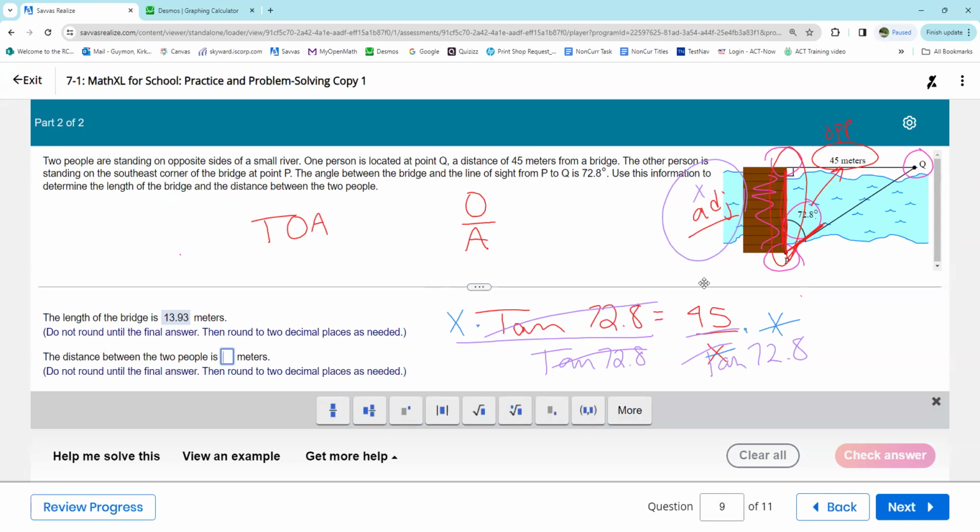So now the distance between the two people, and it says do not round until the final answer. So we're going to round to 2 decimal places after that. So by saying don't round until the final answer, we're going to keep this 45 over the tangent of 72.8.